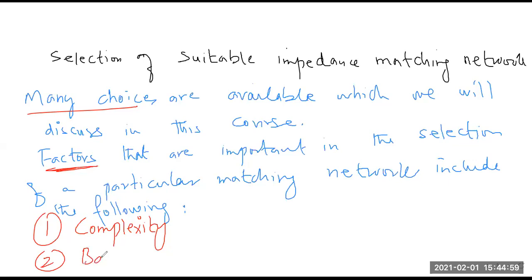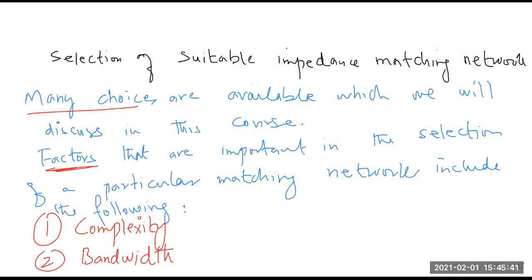Second one is bandwidth. When you design an impedance matching circuit, it is going to give you the matching behavior within a certain frequency range. That frequency range is what we call the bandwidth of the impedance matching circuit. The impedance matching circuits available to you have different bandwidth performance.